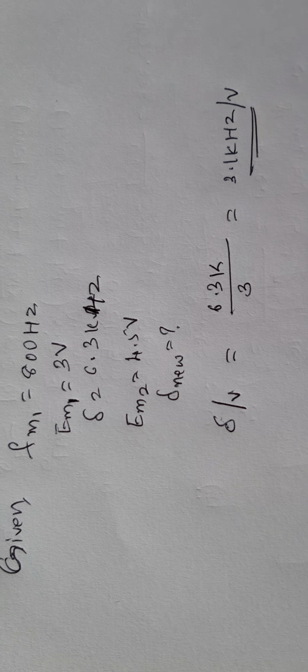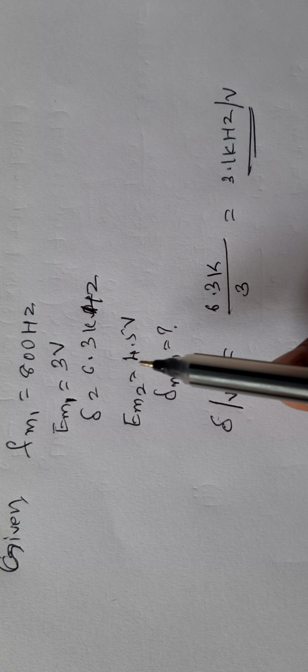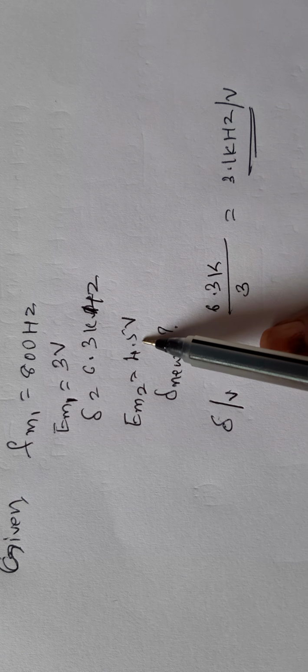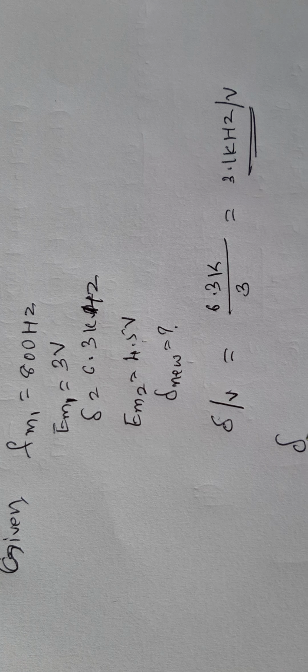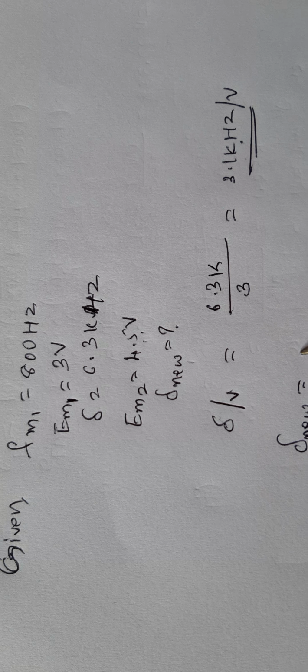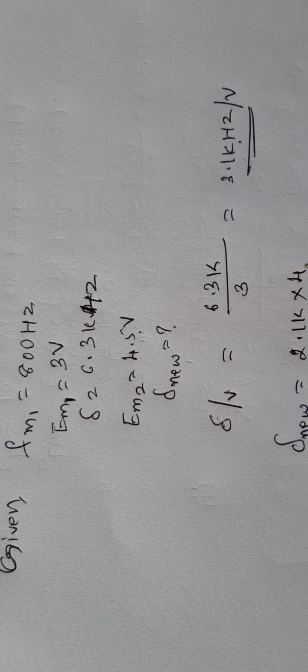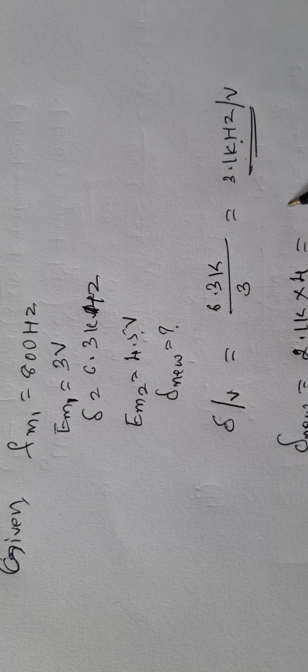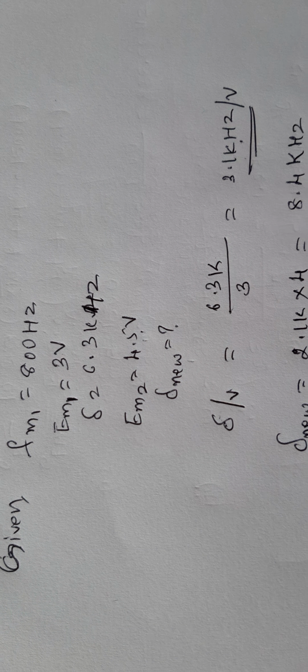For 1 volt, it is 2.1 kilohertz. In the second case, what is asked is, when 3 goes to 4.5, what is the new deviation. Therefore the new deviation is 2.1 kilohertz for 1 volt, so for 4.5 volts, that is 2.1 kilo into 4, which is equal to 8.4 kilohertz.